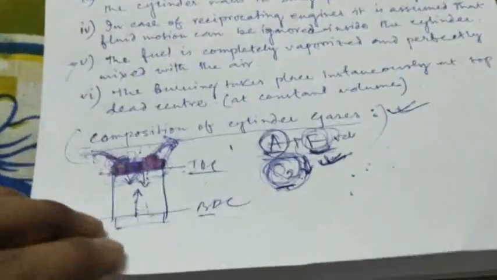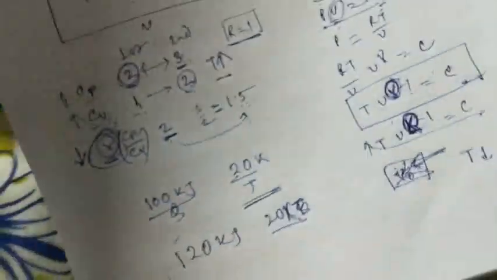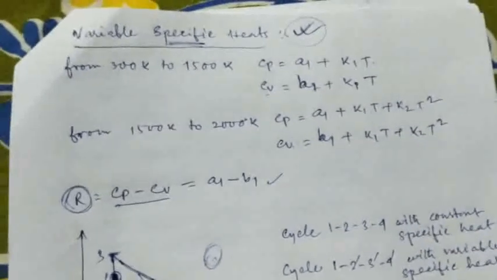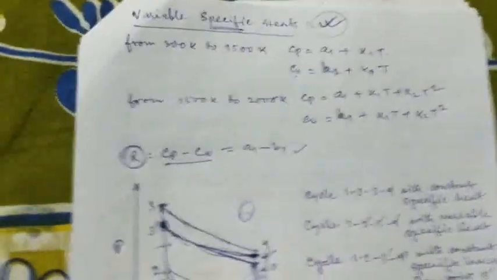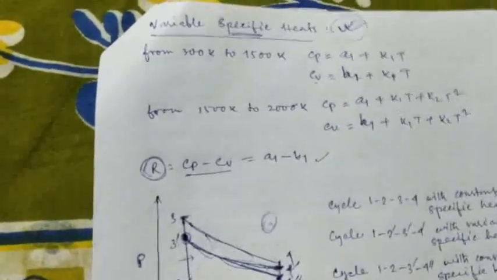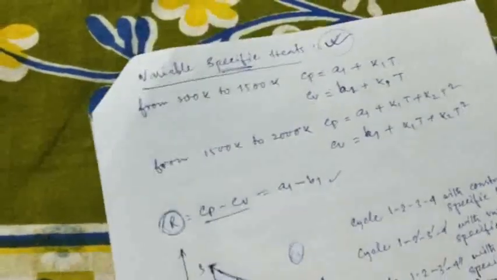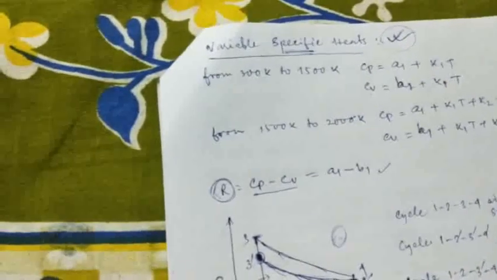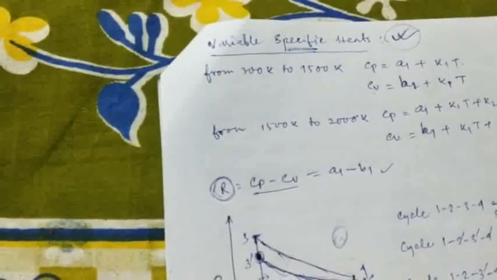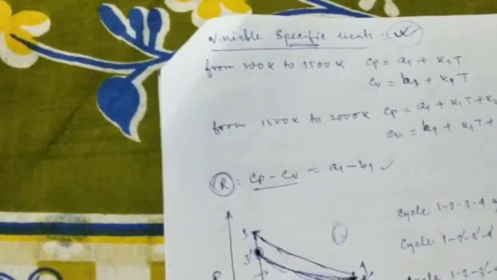Okay. So we have understood how the composition of cylinder gas affects the fuel-air cycle, that means the actual condition of the engine. Now the next parameter is variable specific heats. As we know, all gases except monoatomic gases show an increase in specific heat with temperature.